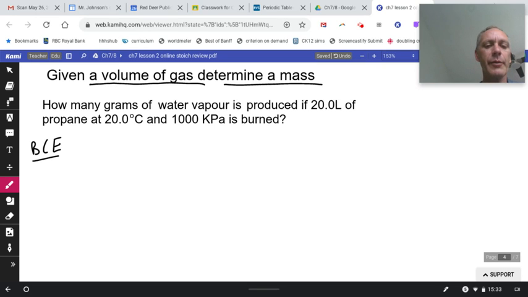BCE, balanced chemical equation, before Common Era. When I was in Thailand, the entire calendar flipped on my cell phone. It was the weirdest thing. In Thailand, they have 2 systems of time. They have the BC AD, but they also have, how did it go? It had Buddha in it. Their second timeline was based on when Buddha was born. And to them, Buddha was an actual living person who was born and became a god, a deity.